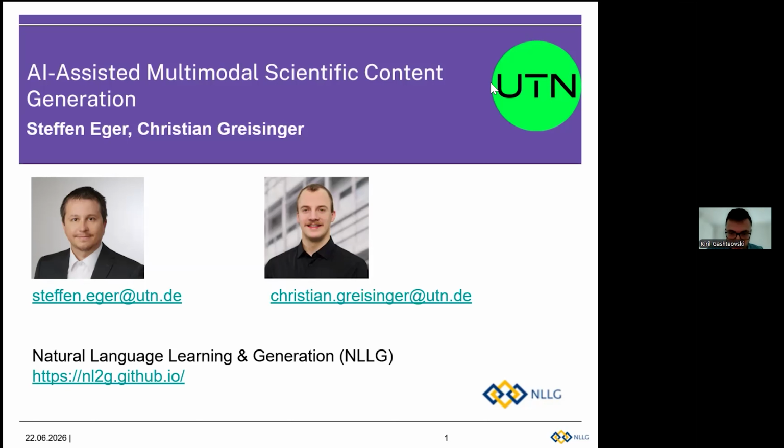As for Christian Greisinger, he's a PhD student of Professor Stefan Eger since 2025, and he's a member of his lab. Under the supervision of Professor Eger, his research focuses on multimodal content generation for AI in science.